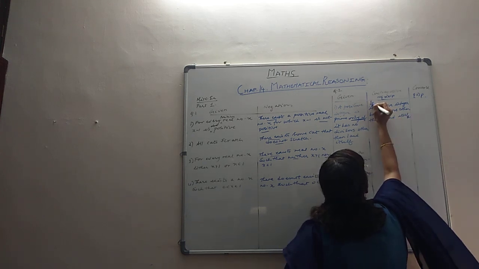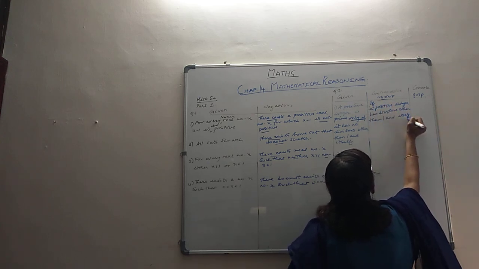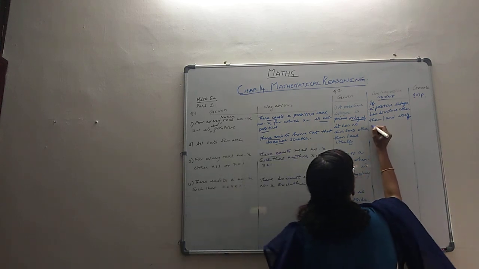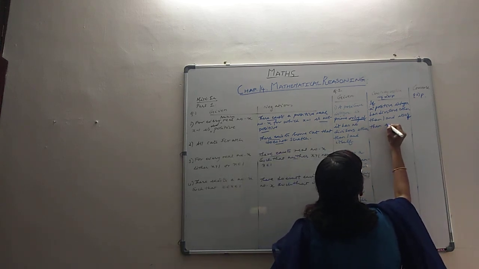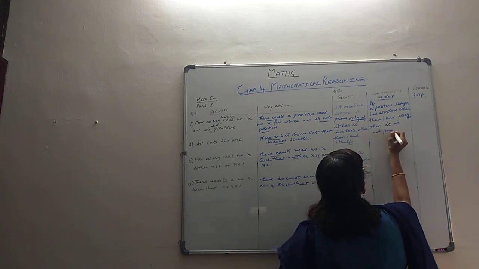If a positive integer has divisors other than one and itself, then it is not prime.